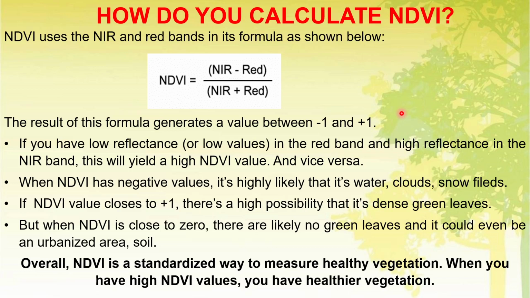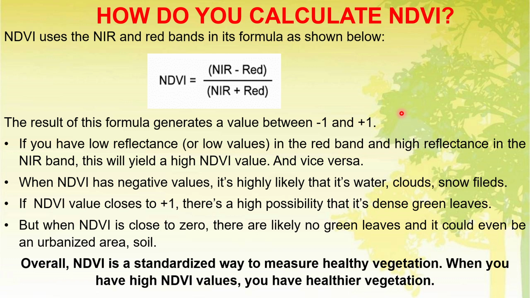So if you have low reflectance, low DN value in red band and high reflectance in NIR band, then the NDVI value will be high, and vice versa. If the high reflectance is red and low reflectance is NIR, then it becomes low. So when NDVI has negative value, then it is highly likely to be water, cloud or snow fields area.